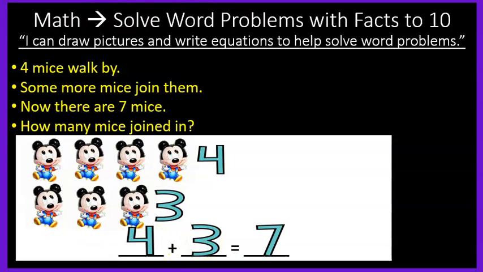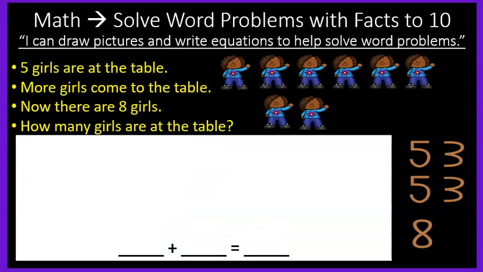Now, pay attention. We're going to come to another slide, okay? Here we go. Now here's our another slide. It says right here, we're going to read our word problem first. Read it with me. 5 girls are at the table. Okay?